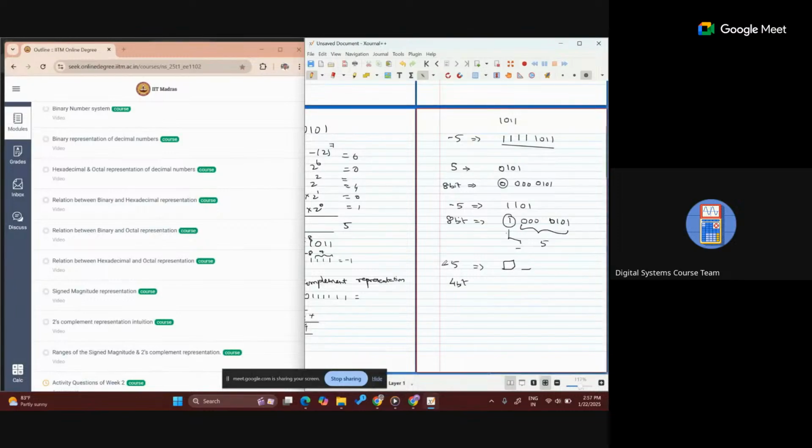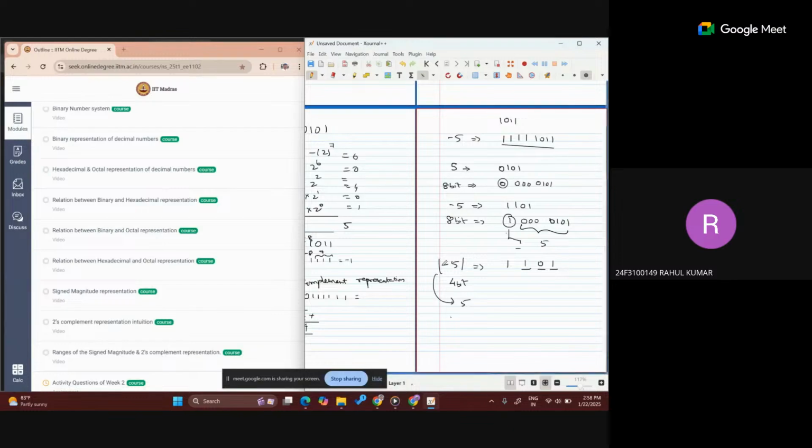The remaining 3 bits are the magnitude of 5. What is the magnitude of minus 5? The magnitude of any number is nothing but its absolute value. What is the absolute value of 5? 5 can be represented as 101. Am I right? Yes, sir. And this is a negative number, so I am supposed to fill this position with 1.